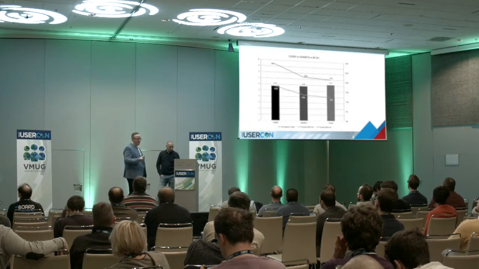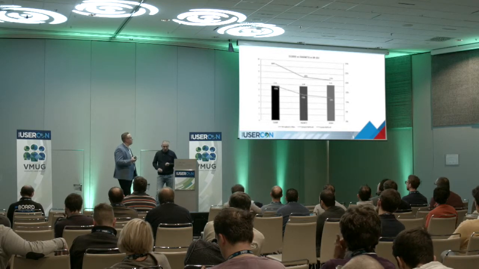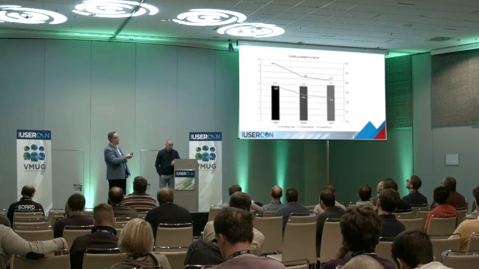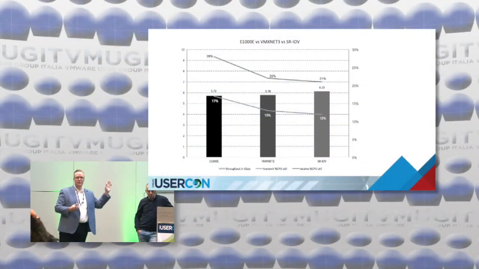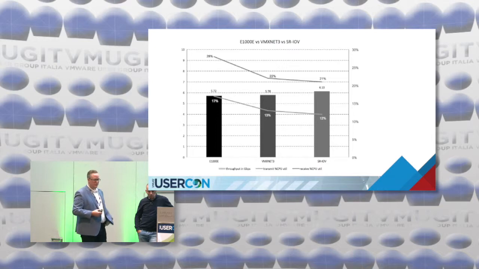When you look at the performance statistics, you'll see that there is not a lot of difference between VMXNET3 and SR-IOV, in the CPU utilization in the graph and the actual throughput. Then there are the emulated ones, like the E1000E, which is shipped by default if you spin up a Windows 2012 or 2016 server. But still, VMXNET3 looks like the virtual adapter to go with.